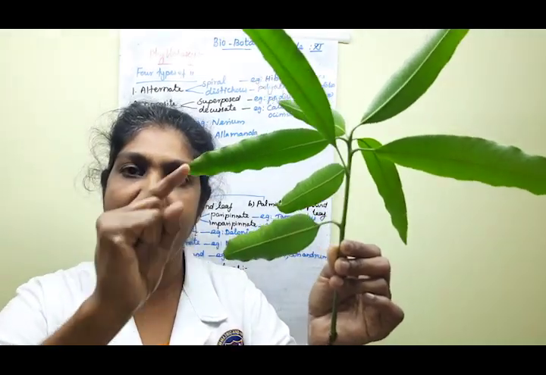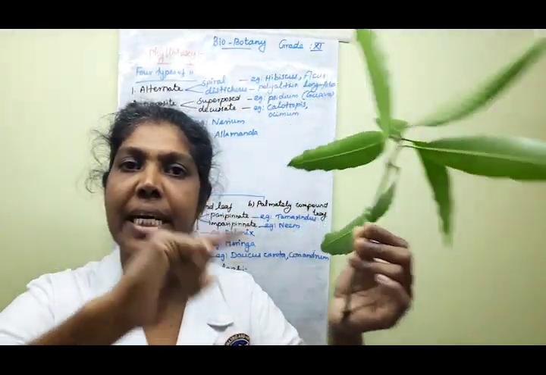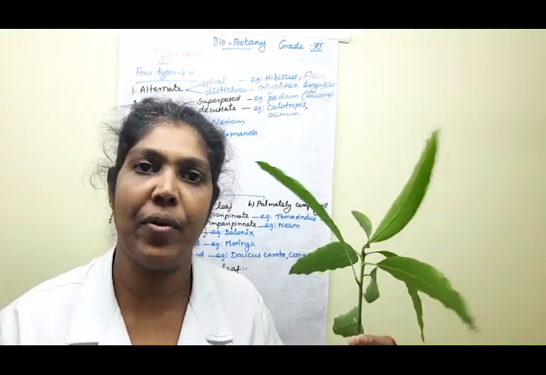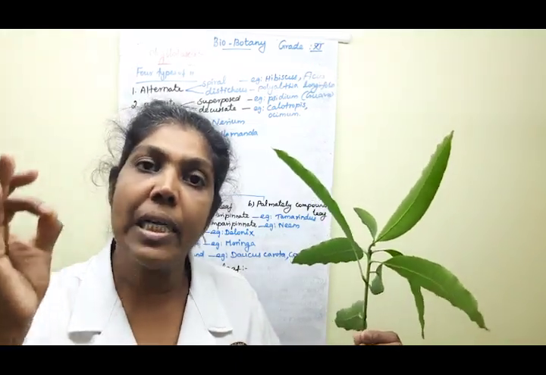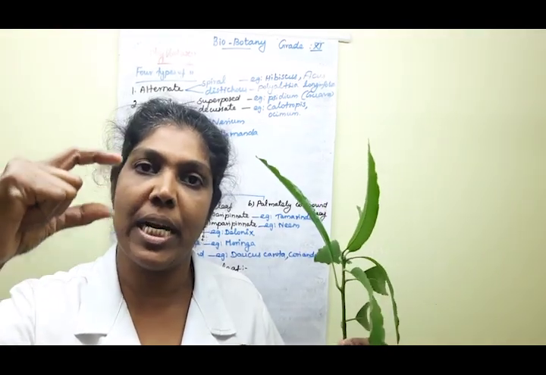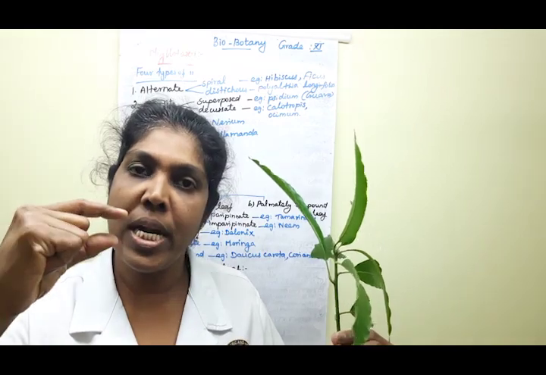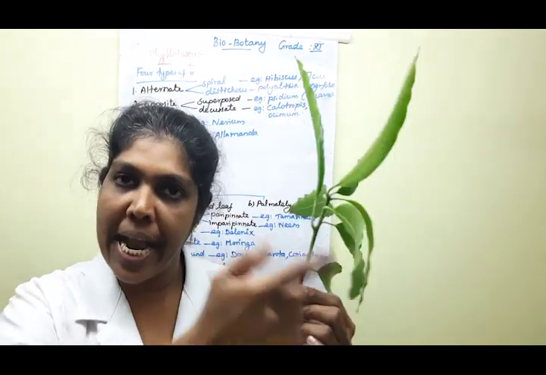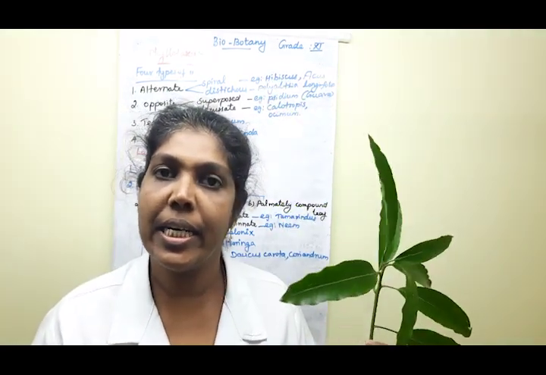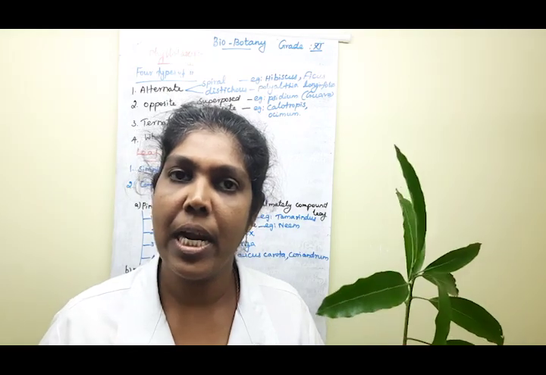This alternate phyllotaxy comes under 2 types. One is alternate spiral and another one is alternate distichous. Clear? Did you catch these 2 terms, children?